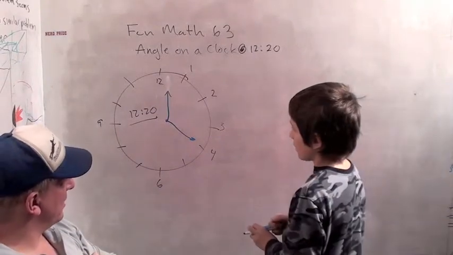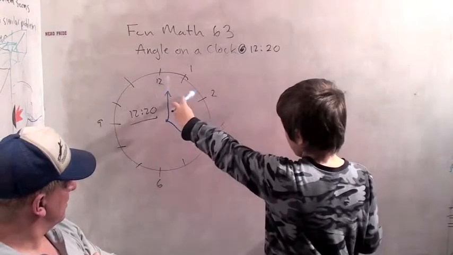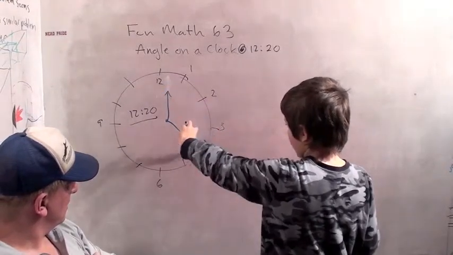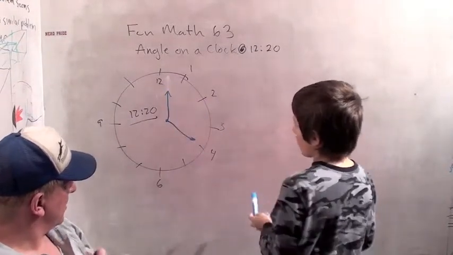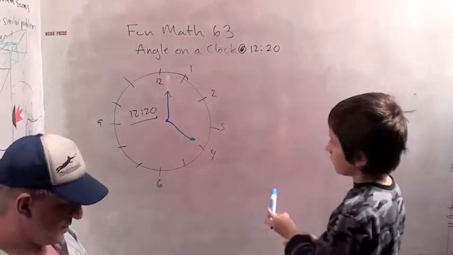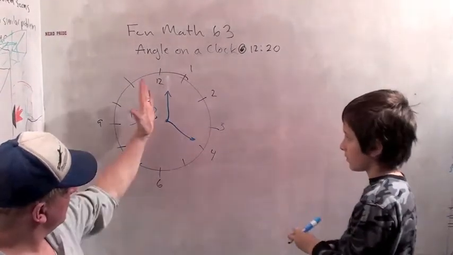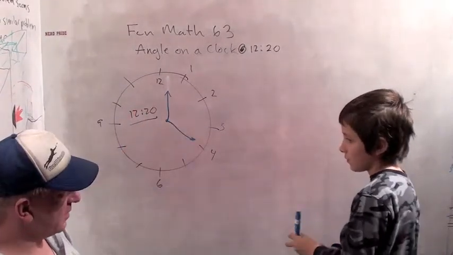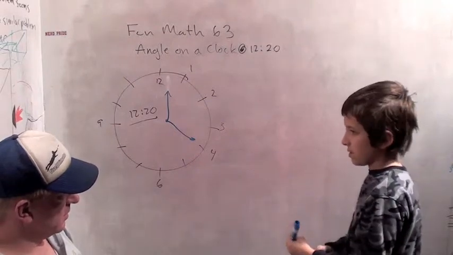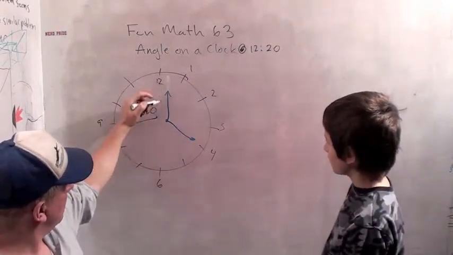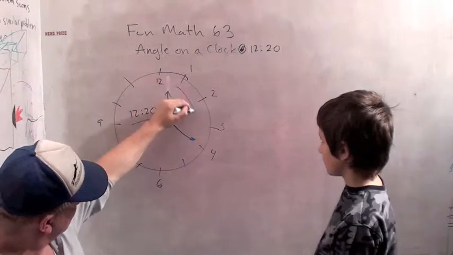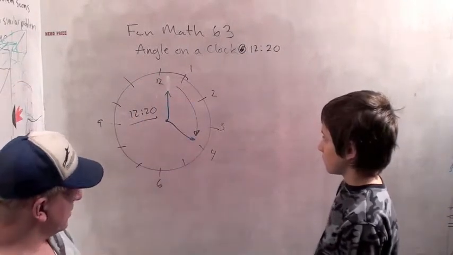between 12 and 12:20? The minute hand moves down this way. What does that do to our angle? It expands the angle. The minute hand starts up here, and moves this way and makes the angle bigger.